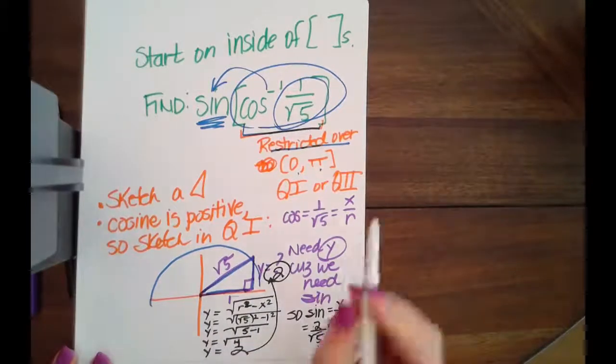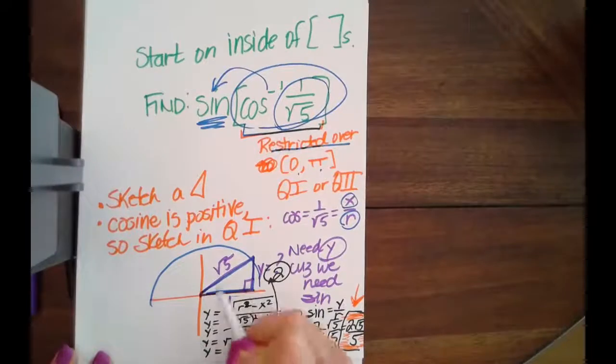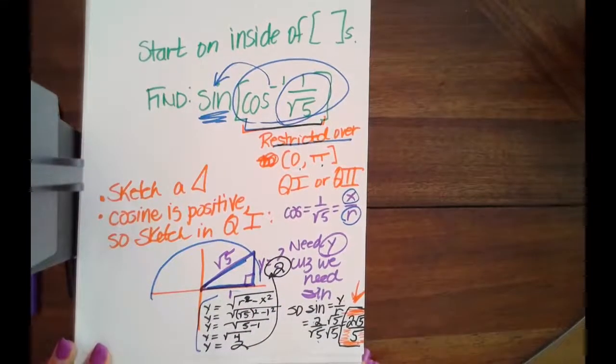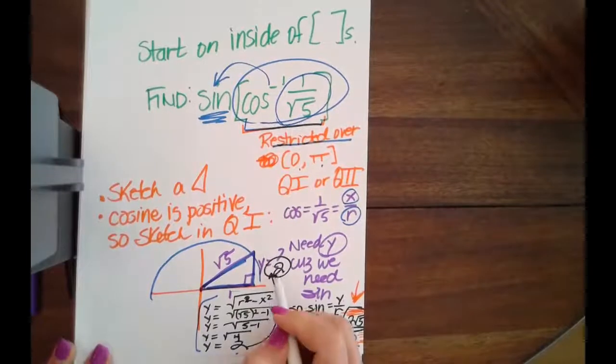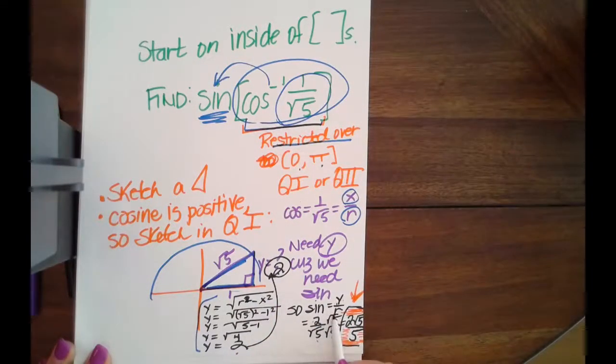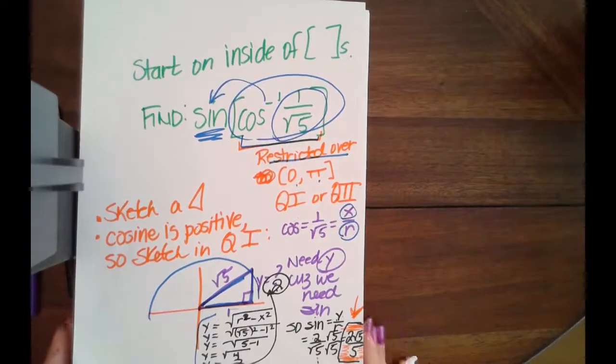I know that cosine is x divided by r. So there's my x, there's my r. I label them, and I use this formula to find my y value. Once I found my y equals 2, I was able to structure sine, because sine is y divided by r, which is no more than 2 divided by radical 5, and then I rationalize. So again, 2 radical 5 over 5. You can do this for any of the unknowns that are not normal.